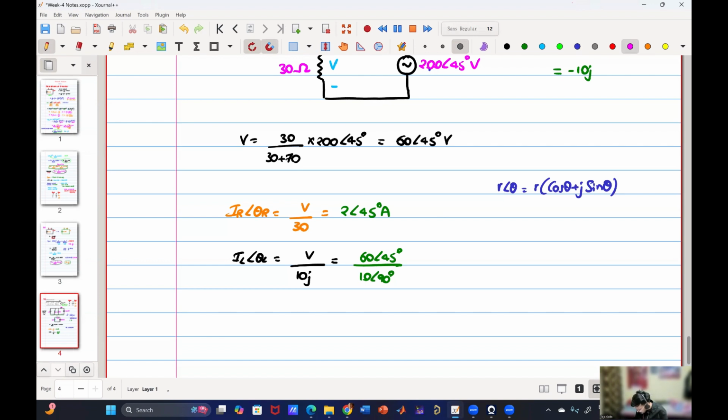So this I can write as 6 angle minus 45. Yes, you are very right. We can cancel the 60 and 10, and for J, if it goes to the numerator, minus 6. Okay, very good question.